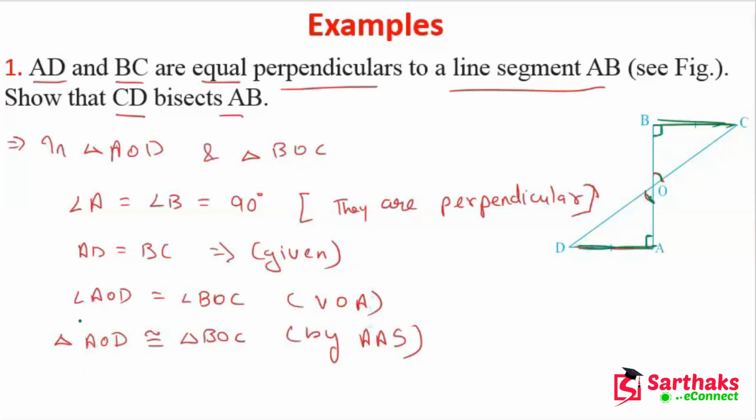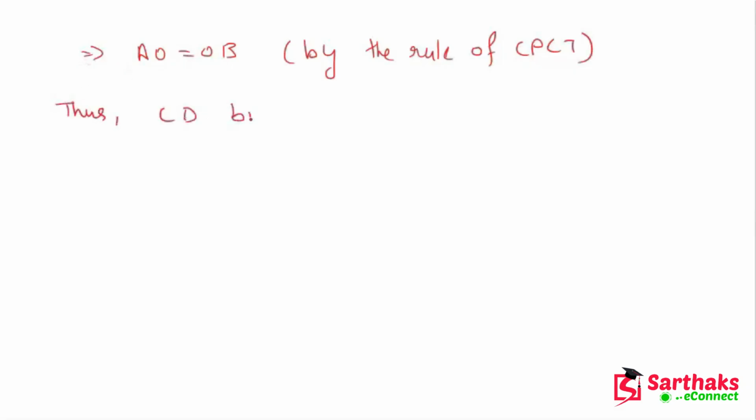So now we can write AO is equal to OB by CPCT, corresponding parts of congruent triangles. So AO is equal to OB. So we can say that thus CD bisects AB. Hence proved. I hope you understand these things, my dear friends.